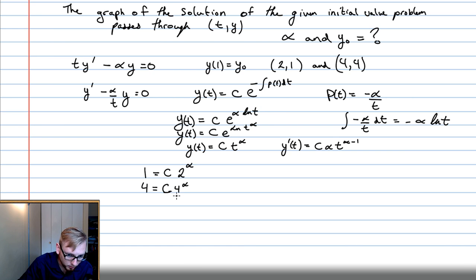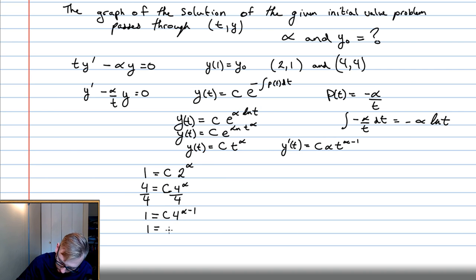If I divide by 4 on both sides, we've got 1 equals c 4 to the alpha minus 1. And what is 4? 4 is 2 squared, right?